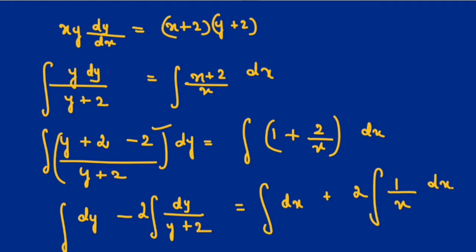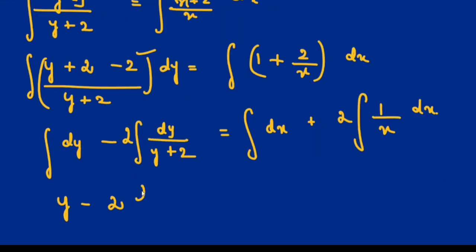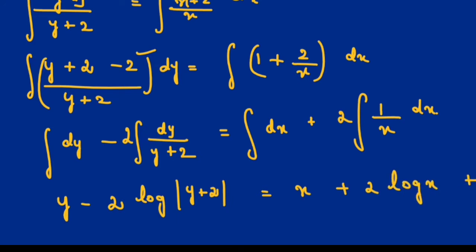So integral of dy is y minus 2 log of y plus 2, and here integral is x plus 2 log x plus the constant c. This is a general solution.